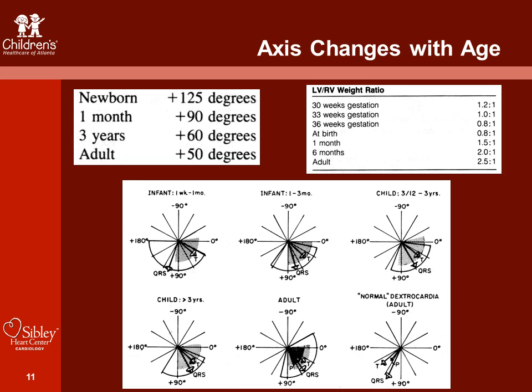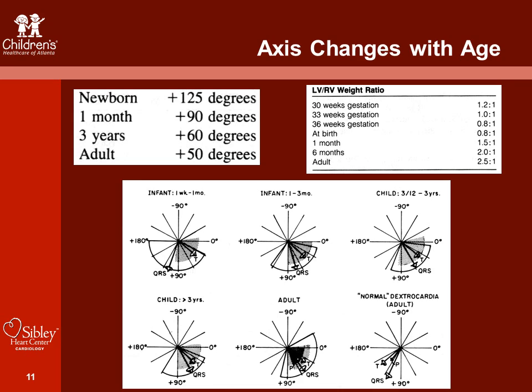It's important to note that the QRS axis, though, changes with age. And it can be pretty difficult to memorize these normals, but this information should always be readily handy. So in an infant, it's normal to have more of a right axis dominance, since in utero the right ventricle plays a more active role than the left ventricle.